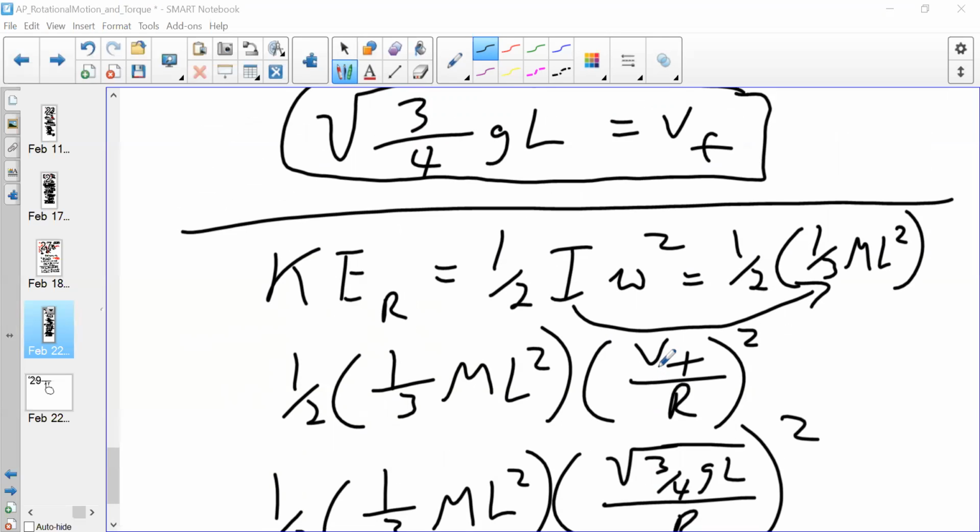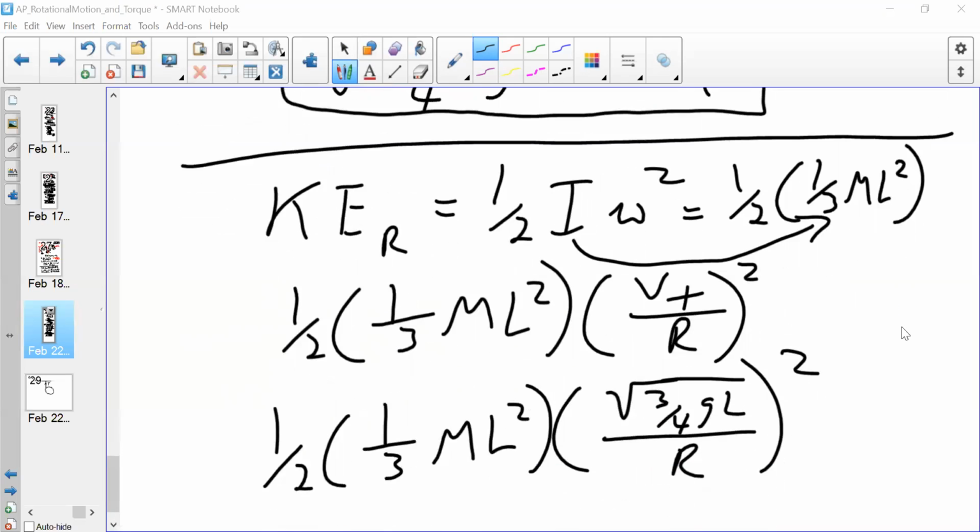We're still going to be working with L over 2, because we're still keeping in context with the center of mass. Yes, good question. You guys can leave it in terms of R, but since we're just talking about center of mass, let's leave R as L over 2. Good question.